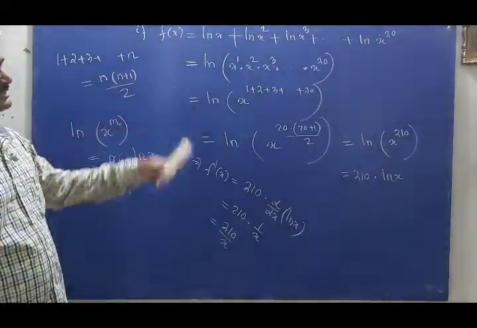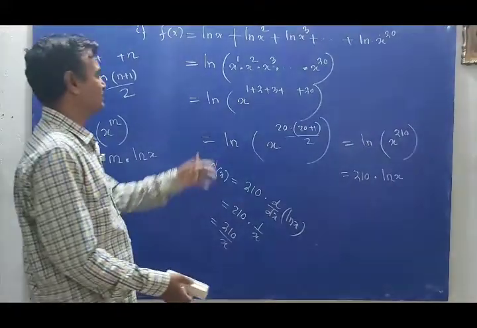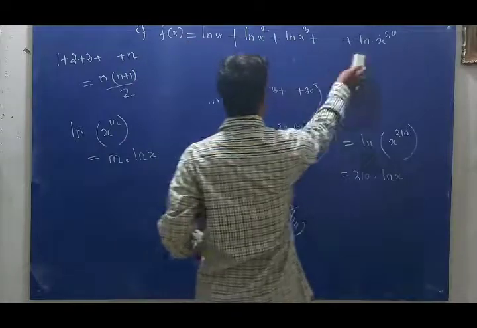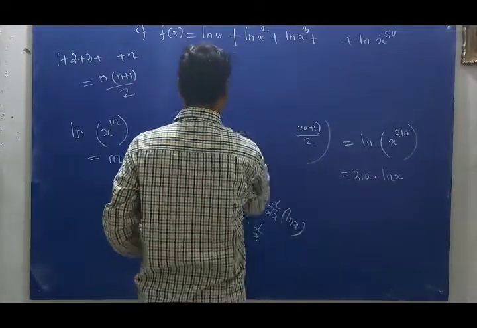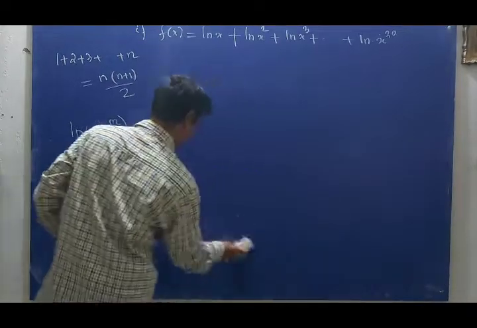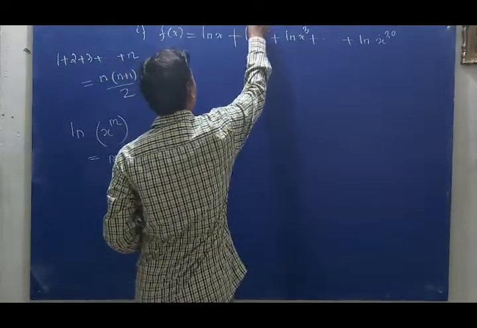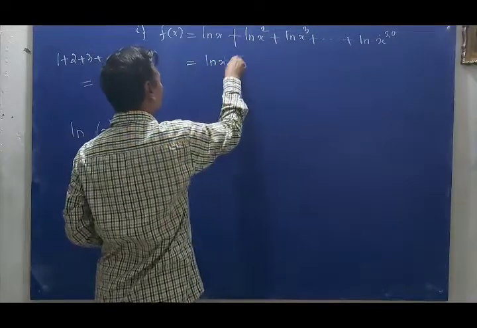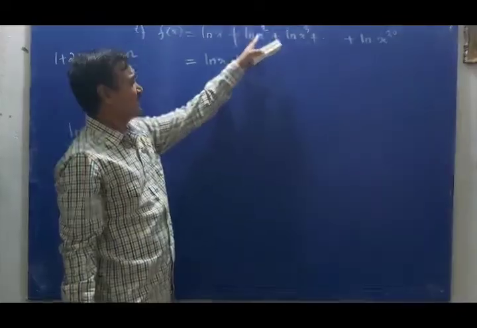Similarly, this can be solved by your own choice. Or directly, f of x is equal to ln of x plus ln of x square.